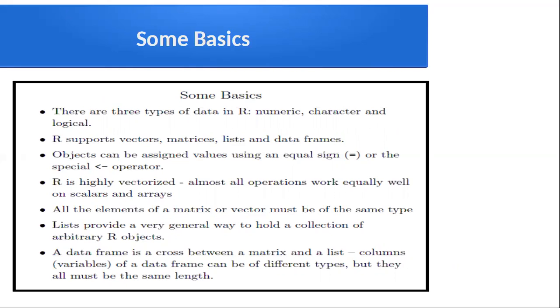They must be of the same type. A list provides a very general way to hold a collection of arbitrary R objects. And last one, a data frame is a cross between a matrix and a list.